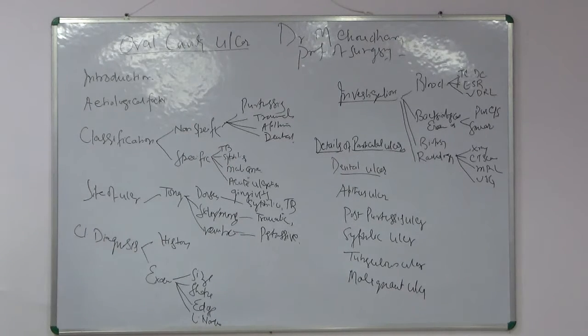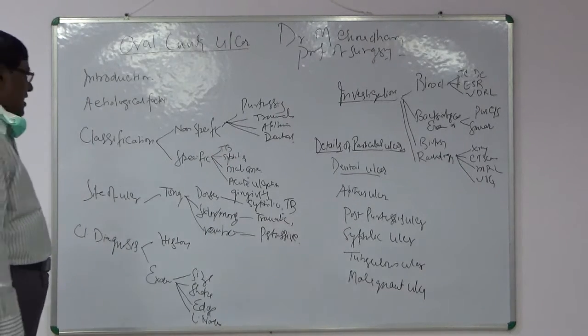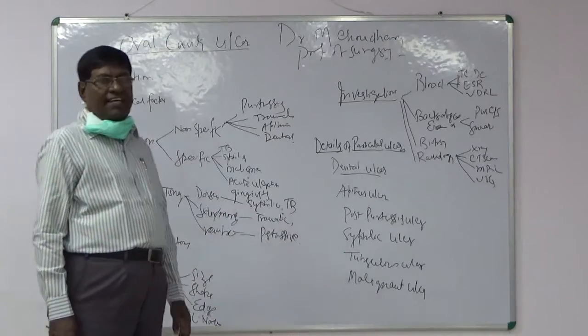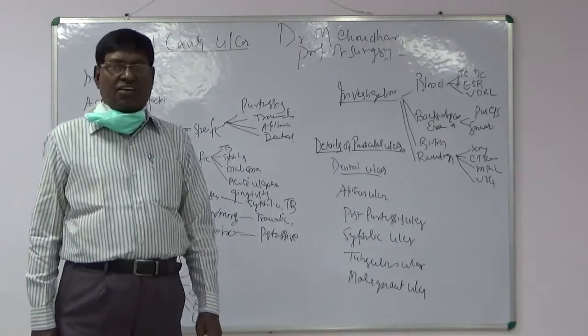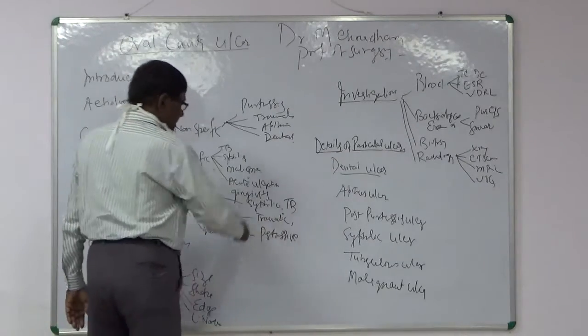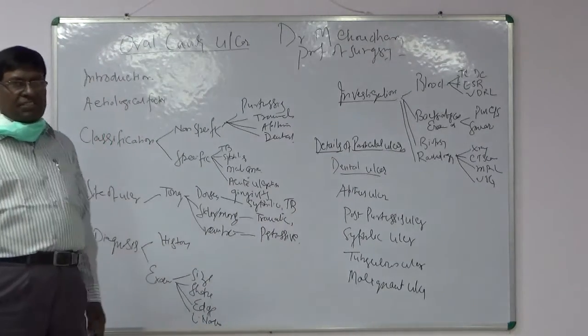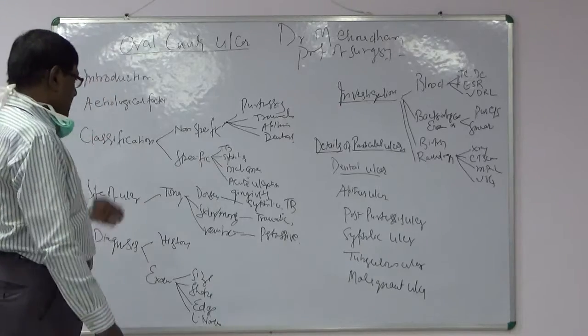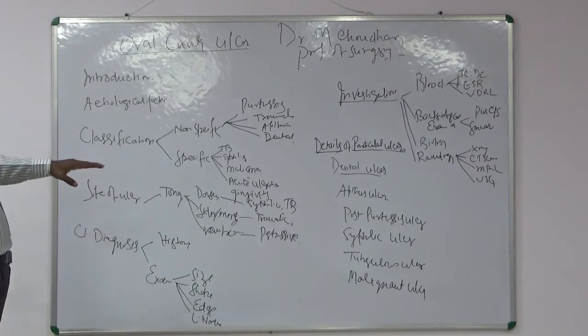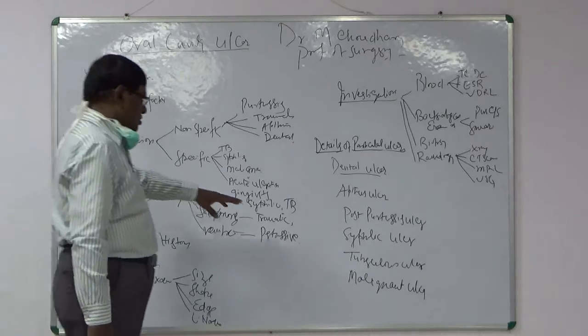The sputum laden with tubercle bacilli comes in contact with the mucous membrane of the tongue, causes implantation of the tubercle bacilli and causes ulcer formation. This tuberculous ulceration is mostly on the dorsum of the tongue. So the most common site in the tongue is the dorsum, which suffers from syphilitic ulcer and tuberculous ulcer.